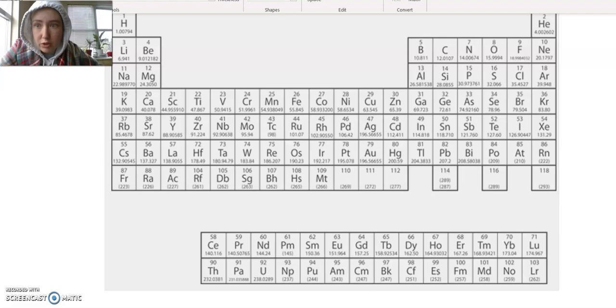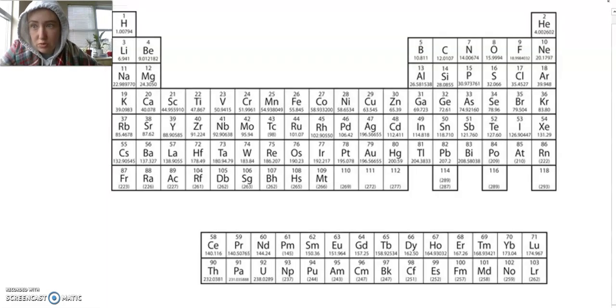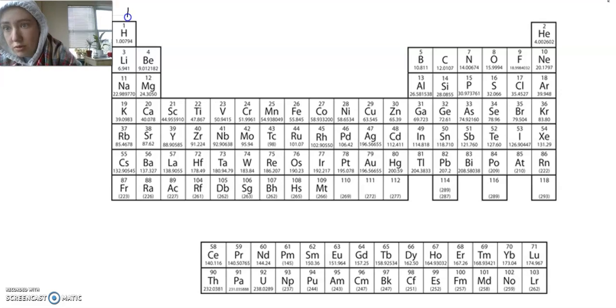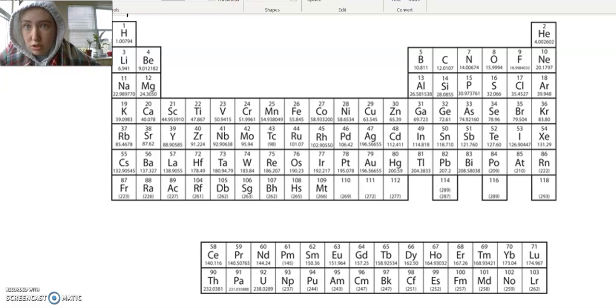First thing we'll talk about is the trend for valence electrons. The trend for valence electrons is that it increases as we go across the top of the periodic table. So right here in this first column, there is one valence electron. That whole column has one valence electron. I'll even put a little highlight on that column so we know what we're talking about.